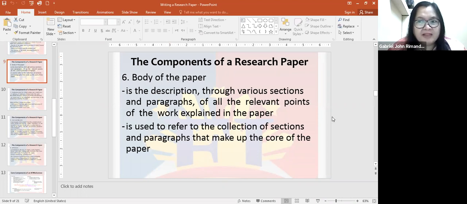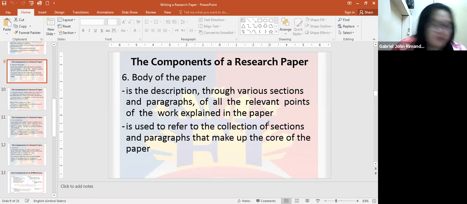Okay. Next one is the body of the paper. Body of the paper. So this is the description through various sections of all the relevant points of the work explained in the paper. It is also used to refer to the collection of sections and paragraphs that make up the core of the paper.